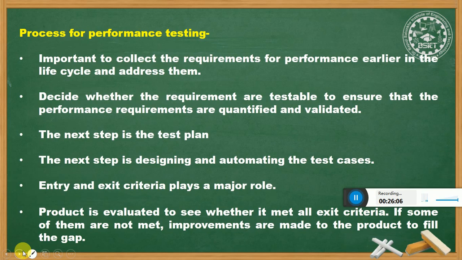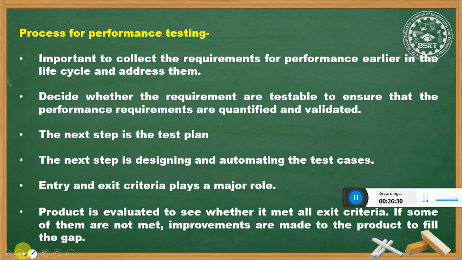After this, the next step in performance testing is designing and automating the test cases, without which it is impossible to perform performance testing. So we have to design and automate the test cases essential for testing the performance of the system.